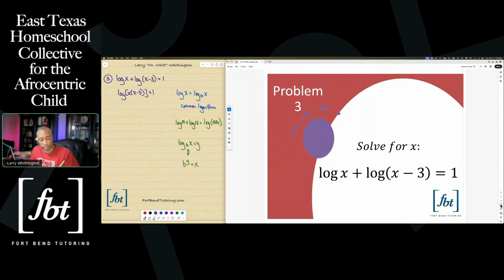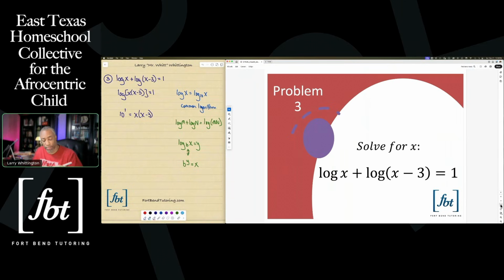From here, guys, I'm going to use my conversion from logarithmic form to exponential form, all right? So I'm going to note that my base is 10 for this logarithm, and I'm going to rewrite it as 10 to the result of 1 equals x times x minus 3, aka that argument of the logarithm. Now that I've rewritten this, I'm noticing that I have a quadratic equation, right?